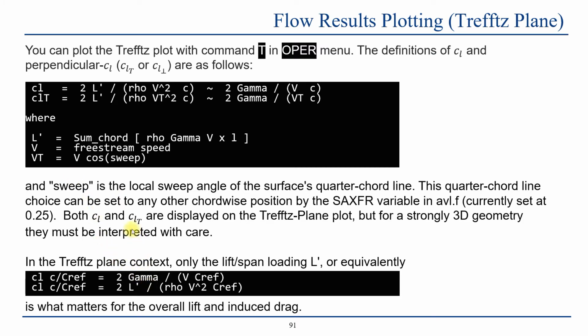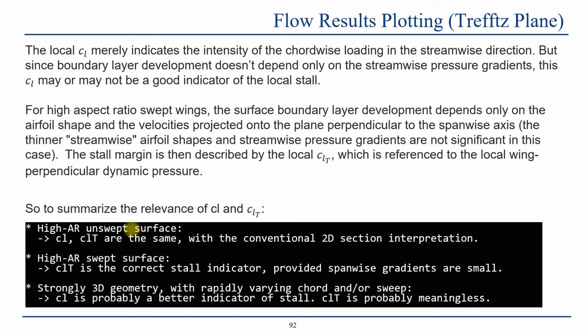Something else is, why should you use different things? So the reason they are provided is that depending on the type of geometry you're working with, whether it's high aspect ratio unswept surface, high aspect ratio swept surface, or strongly 3D geometry with rapidly varying chord and or sweep, you need to look at different CLs for interpretation of whether you're stalling or not stalling or what it can be.